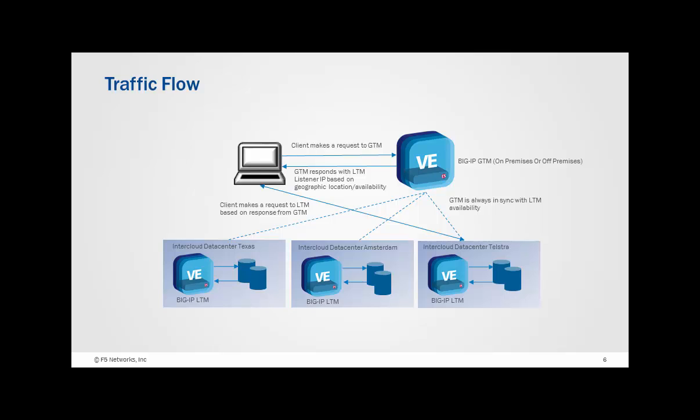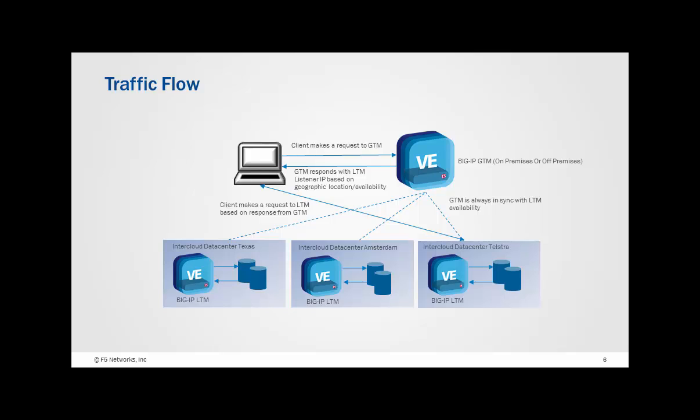We have a BIG-IP GTM that could be on premises or off premises, and this BIG-IP GTM/DNS is then going to load balance between the different BIG-IP LTMs present in different data centers. So the BIG-IP DNS is going to intelligently route traffic to different data centers based on either geographic location, availability, or any other metric the client would like to use.